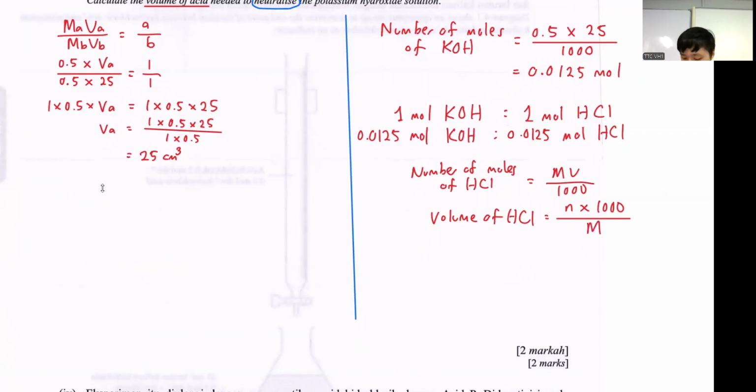So divide by molarity. So mole is 0.0125 multiply 1000 over molarity, which is 0.5. Let me find. Okay, you get 25 cm cube also.